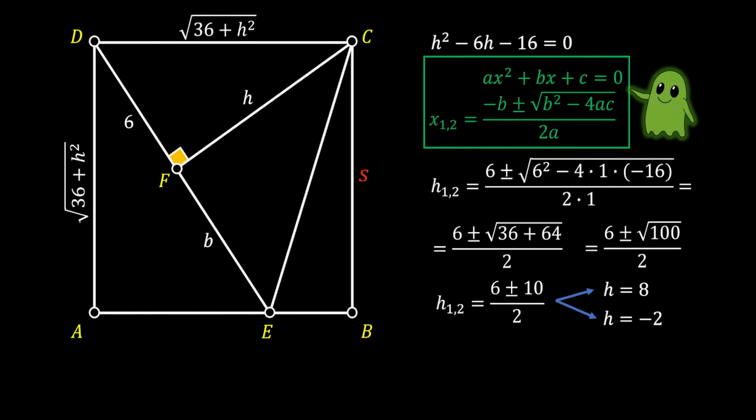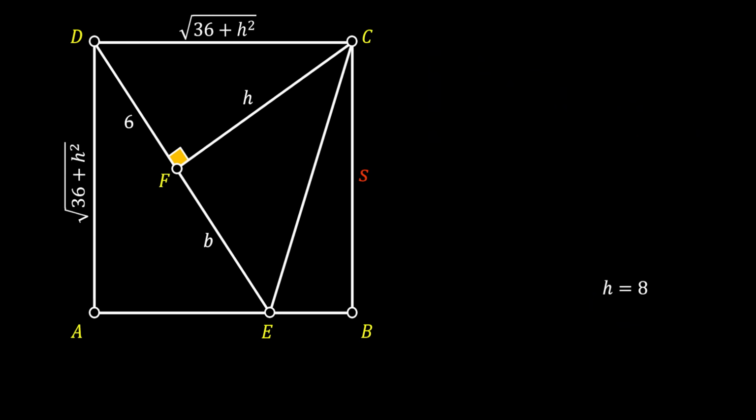But remember, h represents the length of the line FC, and this length cannot have a negative value. So it makes no sense for h to have the value of minus 2. So the only possible solution for h is that h equals 8. Now, remember, we're looking for the side of our square, and we have labeled it as S, but this side equals the side AD.